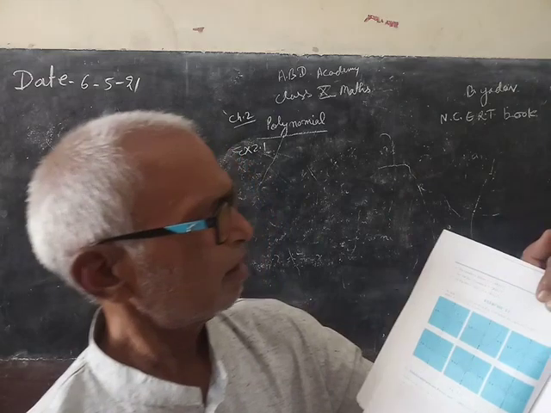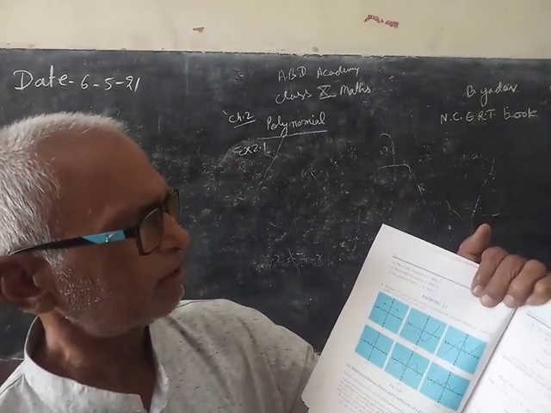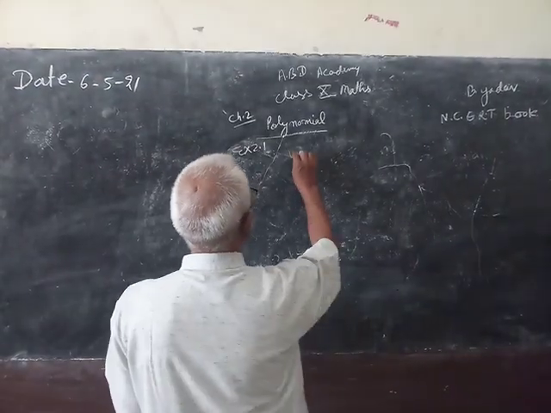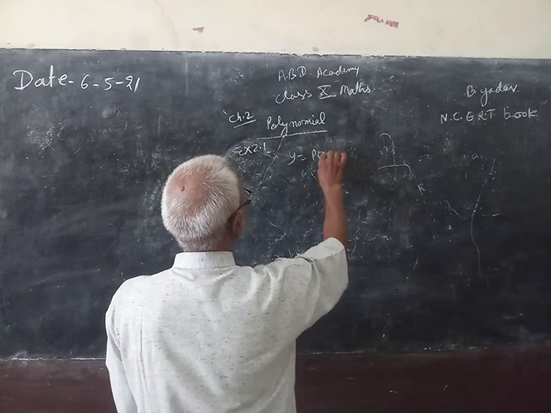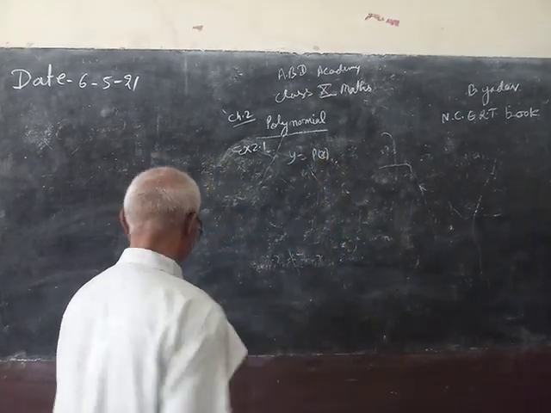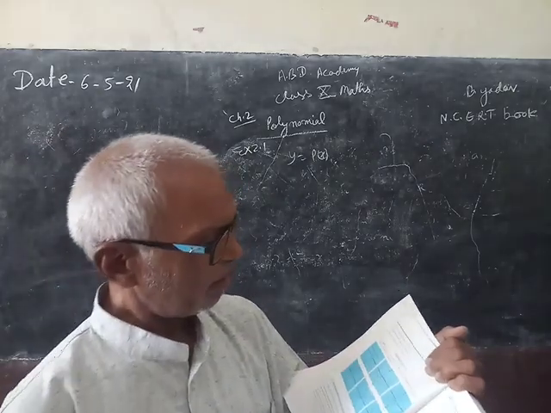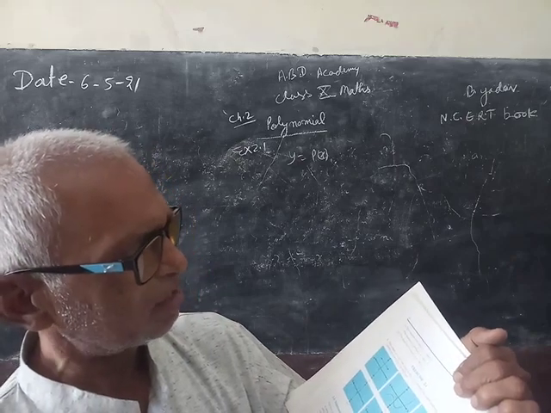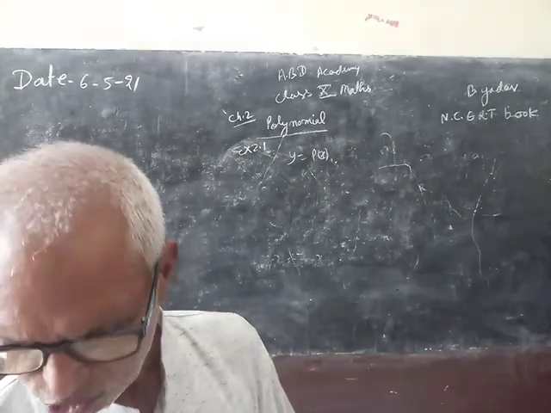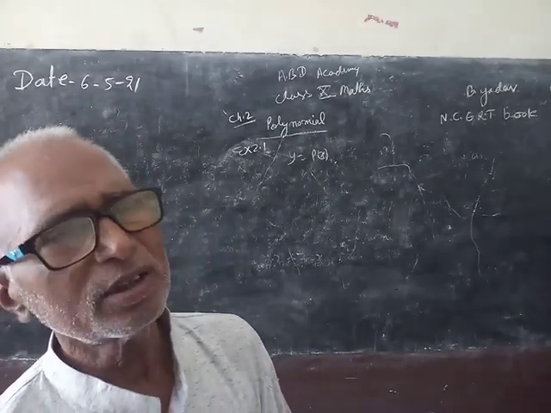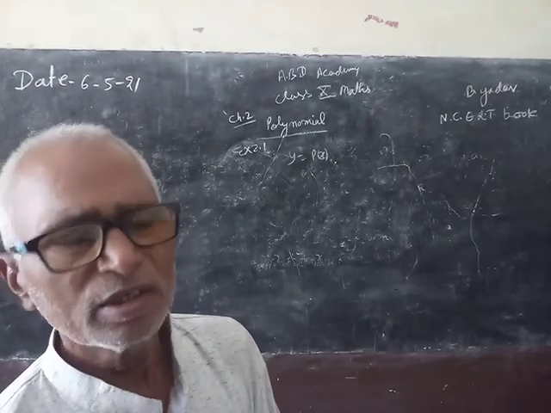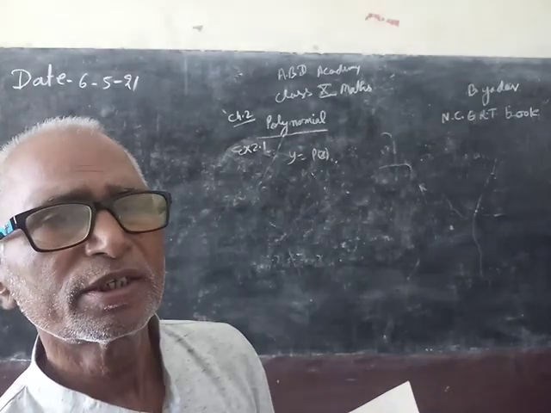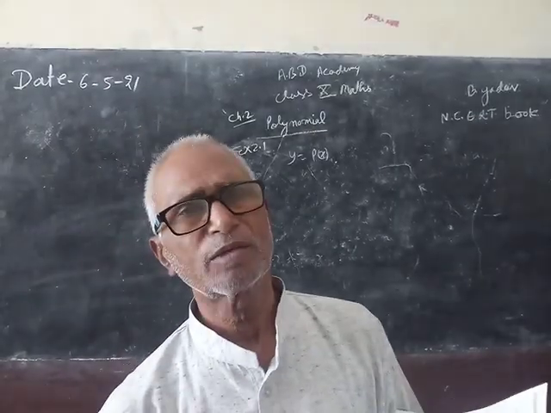It asks: the graph of y is equal to p(x), means y is a function of x. p(x) means an expression in x is y. For some polynomial p(x), find the number of zeros of p(x) in each case. Number of zeros means when the graph cuts the x-axis, that is when y is 0, what is the value of the variable of the polynomial.